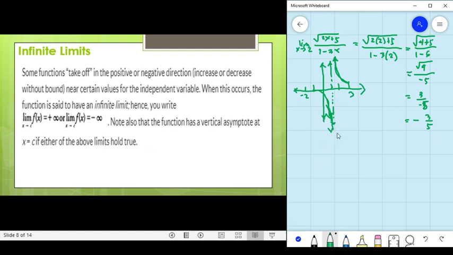So that's why we can say that the limit of f of x as x approaches 1 from the left is equal to negative infinity, whereas the limit of f of x as x approaches 1 from the right is positive infinity.